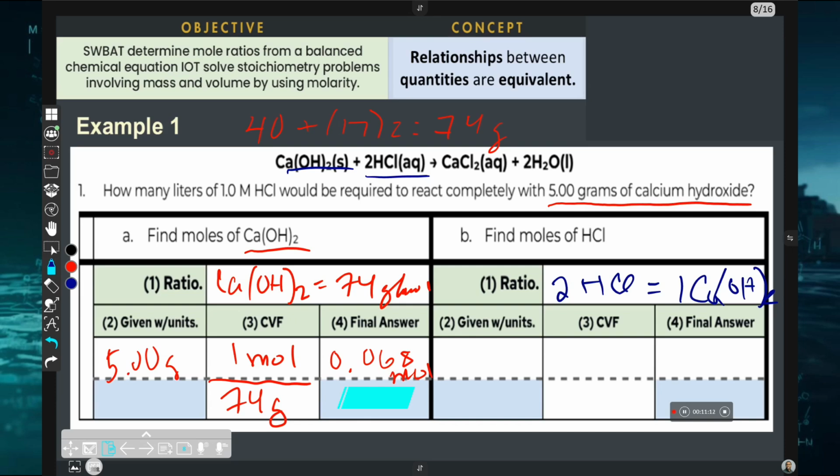Okay, so then if I take the same number, 0.068 moles, I need to make sure that calcium hydroxide, Ca(OH)2, is on the bottom, and 2 moles of HCl on top.